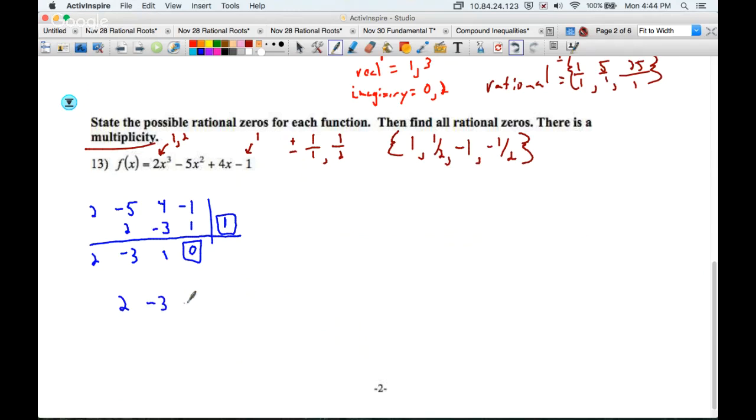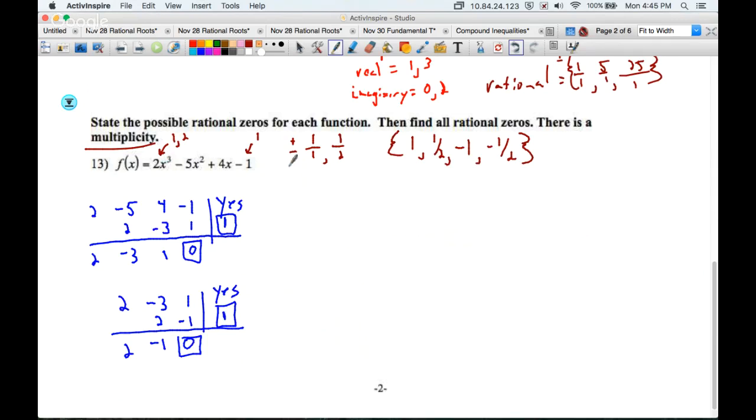So 2, -3, 1. Put a 1 here, so we got 2, 2, -1, -1, 0. Yes, 1 was a double zero, so we'll write yes on both of these. I did not mean to accidentally find it on my first guess, but I guess I had a 1 out of 4 chance, and I always start with the easiest integer.